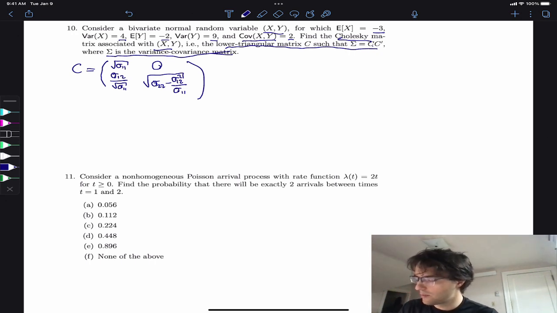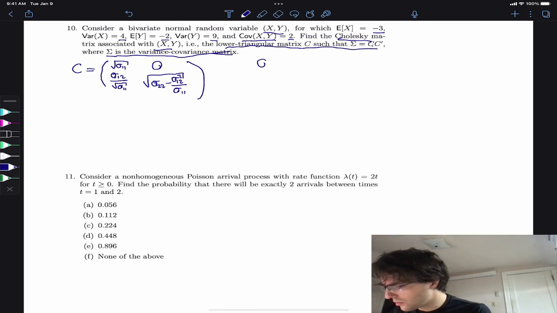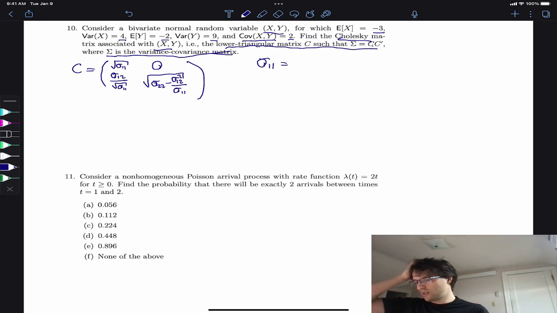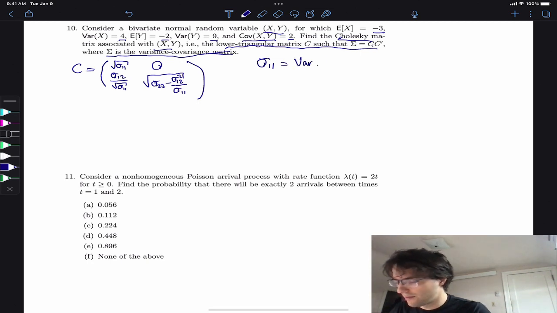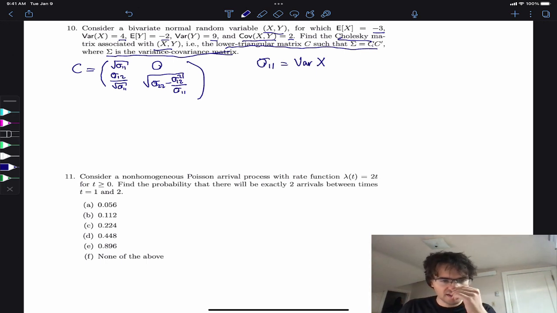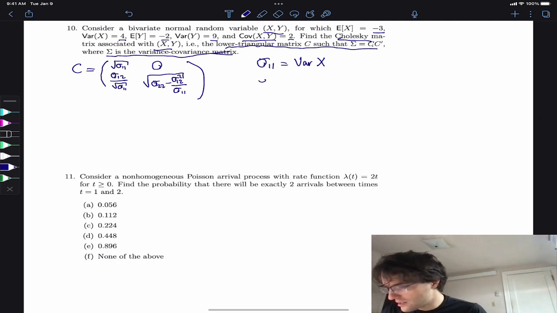We just have to plug in sigma 1,1, sigma 1,2, and sigma 2,2. But what exactly are those? Sigma 1,1 is the variance of X, and sigma 1,2 is the covariance between the two.